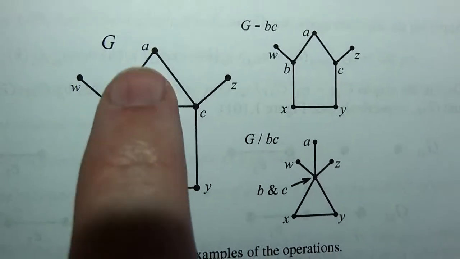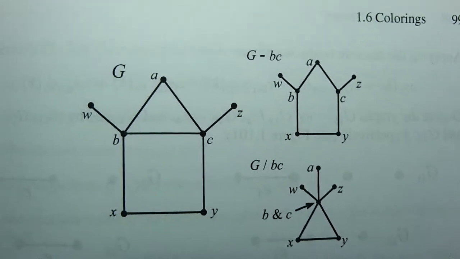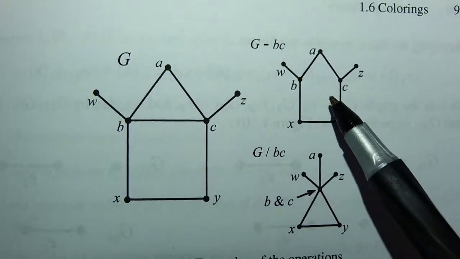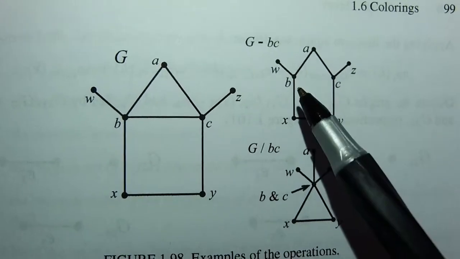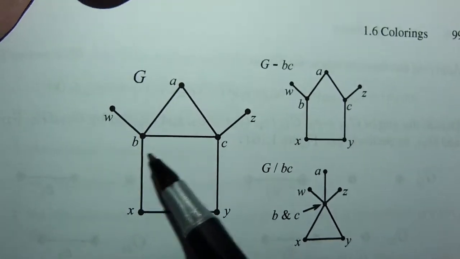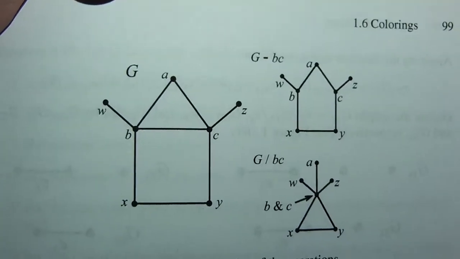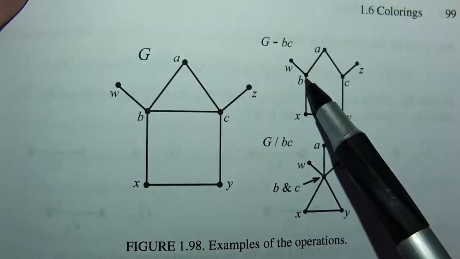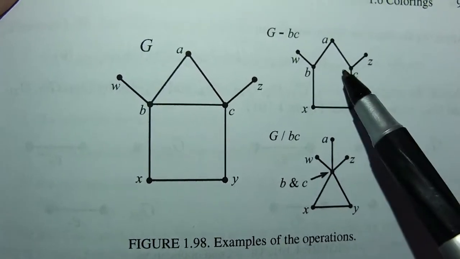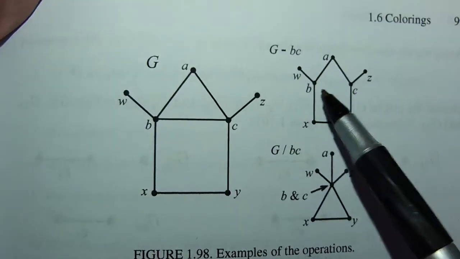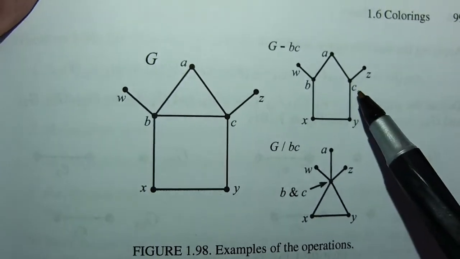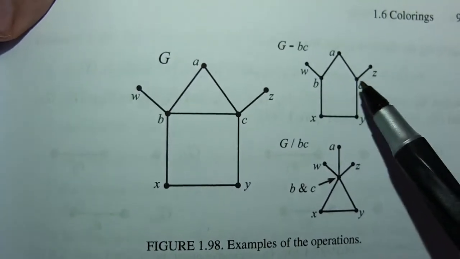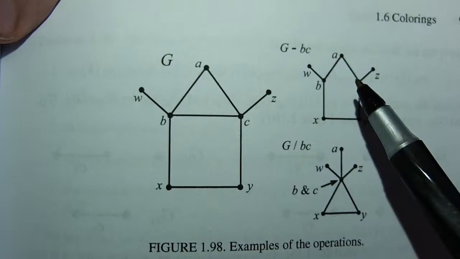So, consider on the left the graph G. G with the edge BC deleted is this graph. This is just normal edge deletion, I've just removed this edge BC. G mod BC, however, collapses what was an edge; B and C get identified, meaning they become the same vertex in the graph. But notice what this would cause if we just did this on its own.